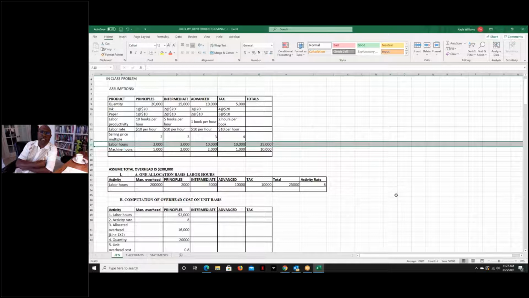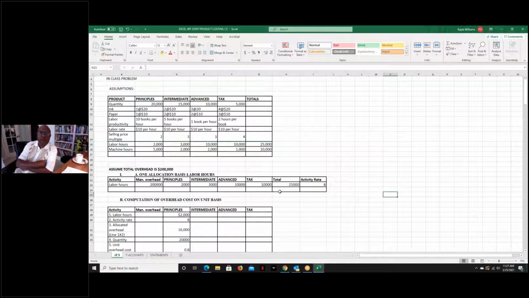Dawkins brings up a good point in terms of how do we get 10,000? The labor productivity is what? 2 hours per book. And we do the labor productivity by the quantity, so that's how we got that 10,000.